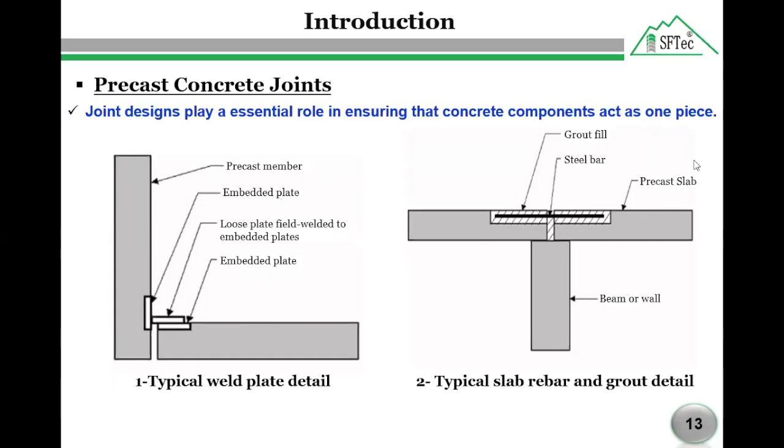And also on our right side, for connecting two slabs over a beam or a wall, we need to put a rebar to connect these two panels together. After that, we need to grout the empty spaces with cement grout. So we have these two techniques.